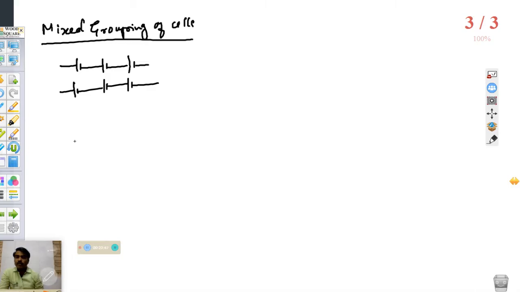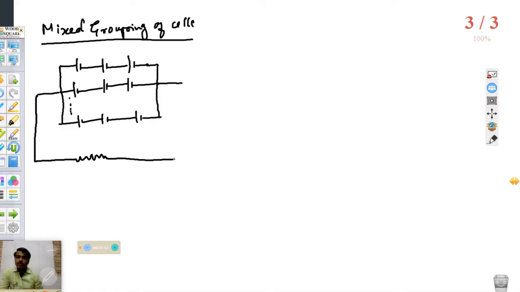And like this, if the combination continues, first cell, second cell, third cell, and if all they are connected together, now we can see that here we have different grouping for external resistance.